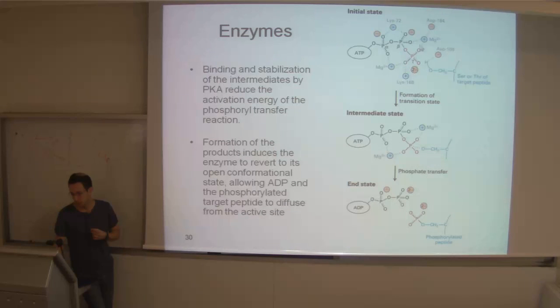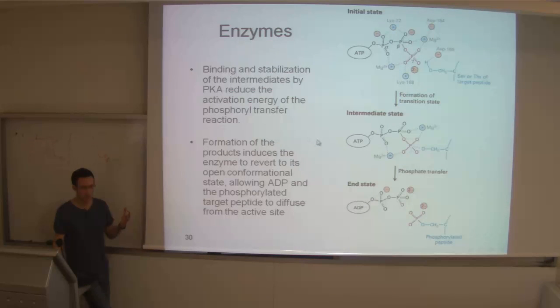These positive charges right here induce electron delocalization from this third phosphate group, and this causes the bond that's about to be broken, it's shaking this bond between the second and third phosphate, and it makes the bond that's about to be formed possible. The bond between the phosphate and the serine from the target peptide. And this is exactly the intermediate species, the intermediate state.